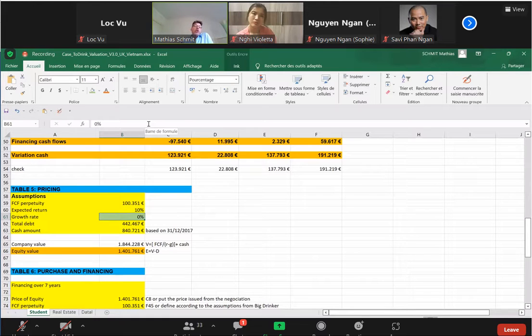And then you can negotiate, maybe 10%, and then the price jumped to 1.6 million. Okay, you see, but it's according to the assumptions of the buyer and the seller.